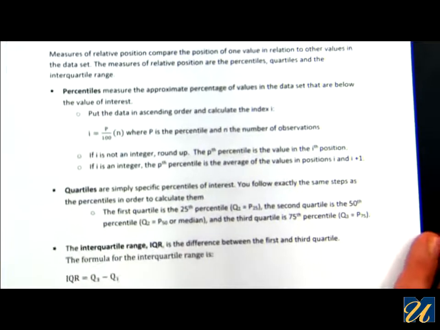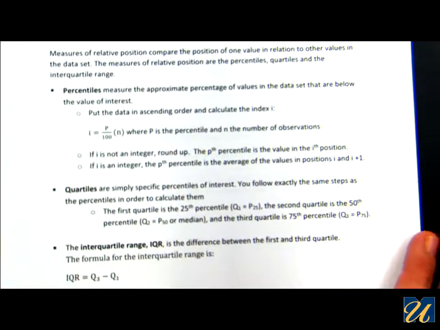So this is where we want to pay a little bit of attention when it comes to the percentiles. The percentiles measure the approximate percentage of values in the data set that are below the value of interest. In order to find a specific percentile, the first thing we do is place the data in ascending order and calculate the index I. What I want you to remember is that the index I will not give you the value of your percentile.